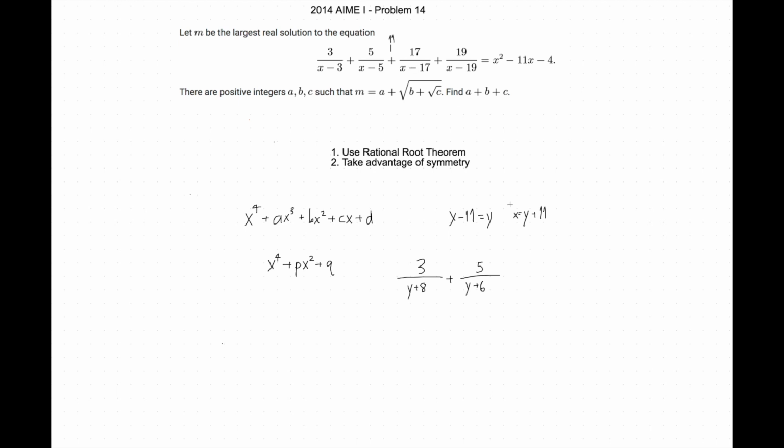And then this is plus 17 over y minus 6 plus 19 over y minus 8.